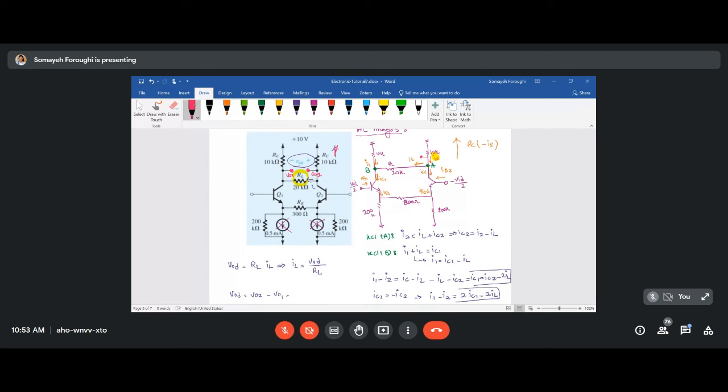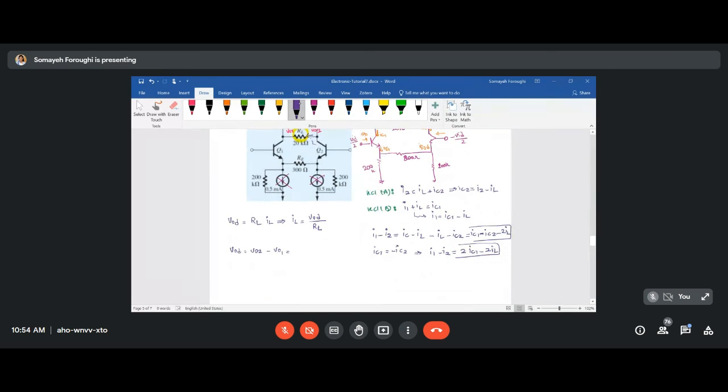This point is VO2. This point is VO1. So previously we had IC, but here I have RC times negative I2 for VO2, minus, again same for VO1, RC times negative I1. Finally, if you simplify it, you will have RC times (I1 minus I2).